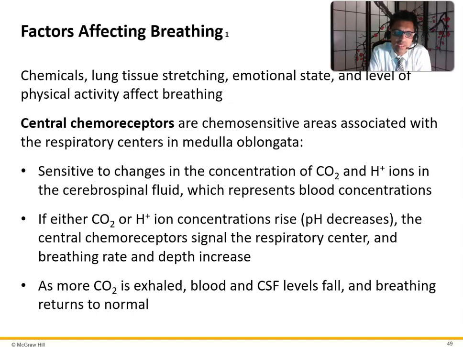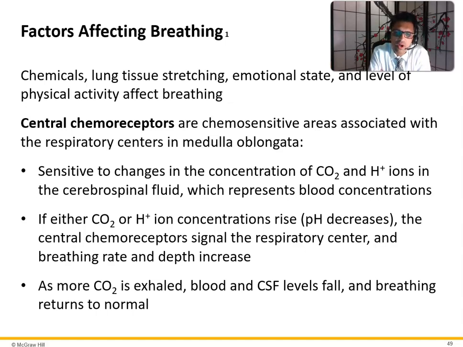So we have central chemoreceptors that are chemosensitive. Now remember, chemo means chemical. They are associated with the respiratory centers in the medulla oblongata. So they're sensitive to changes in the concentration of carbon dioxide and hydrogen ions in the cerebrospinal fluid, which represents usually blood concentrations.